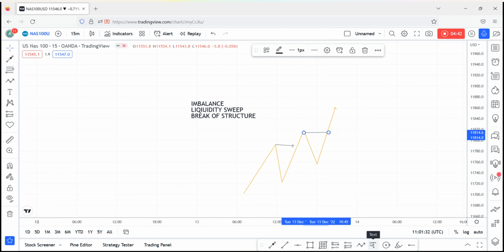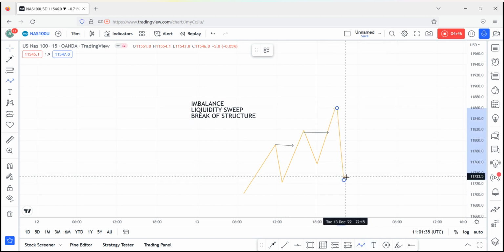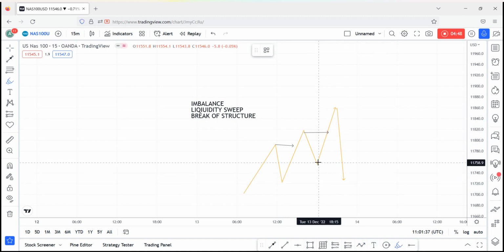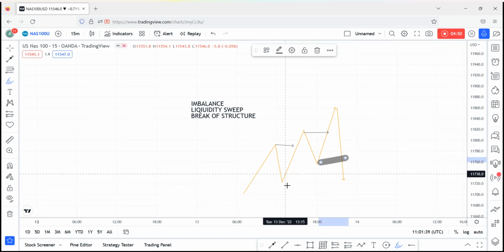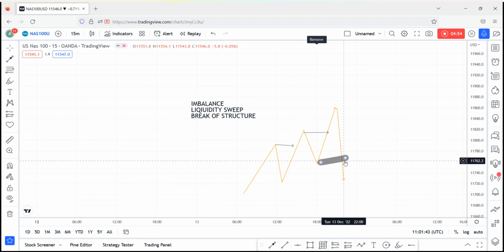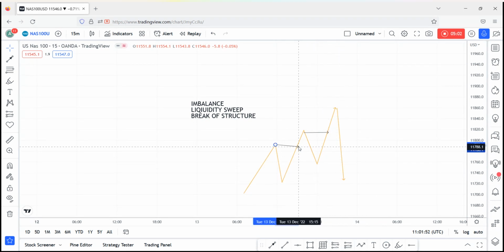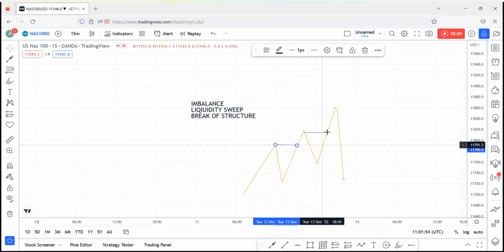You can only consider a break of structure when the market takes the recent high or low. When the market takes this low, you can mark this as your demand zone, and this will surely work as a demand zone. But if the market doesn't sweep the last recent low or high, you can't consider any zone as your break of structure, right?